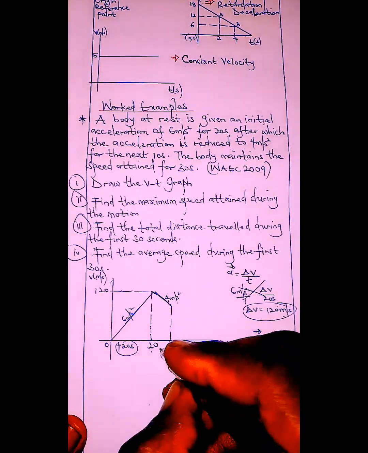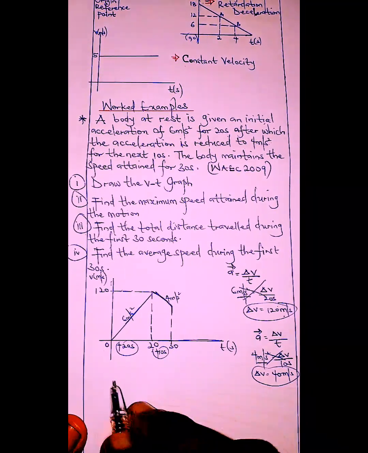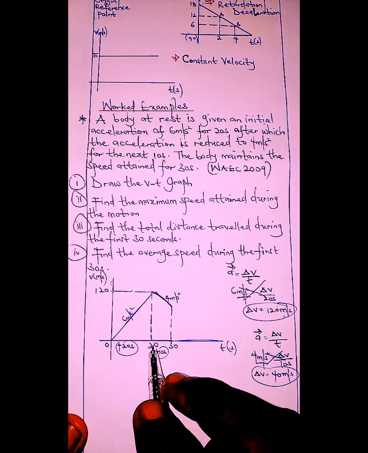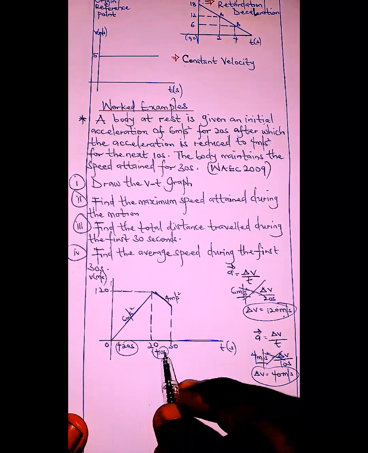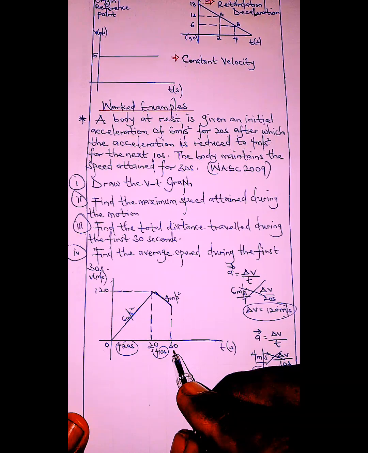So you add another 10 seconds, and that means here is going to be 30. Don't forget at first from 0 to 20 seconds, it took 20 seconds. Then the next 10 seconds added to the first 20, we end up with 30 on this second line.